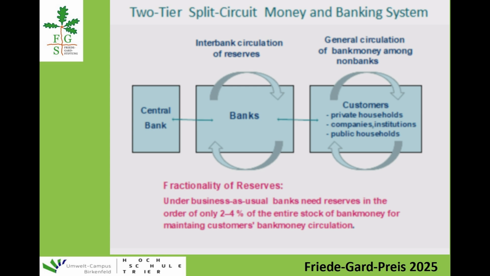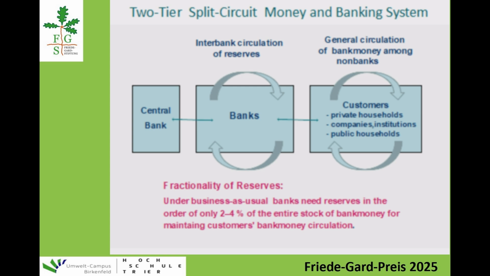Under conditions of business as usual, the banks need central bank money amounting to only about 2 to 4% of the entire quantity of bank money, only 2 to 4%. And that's a low-level fractionality of reserves.